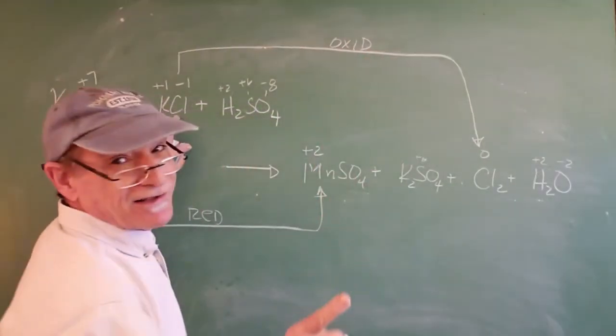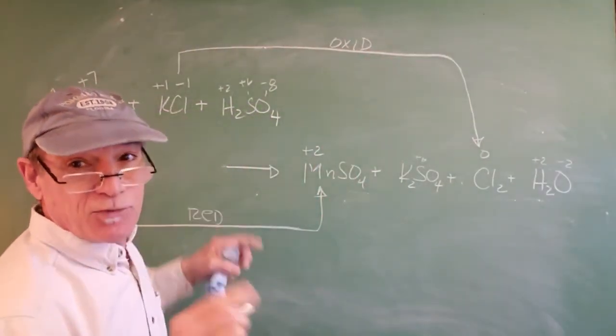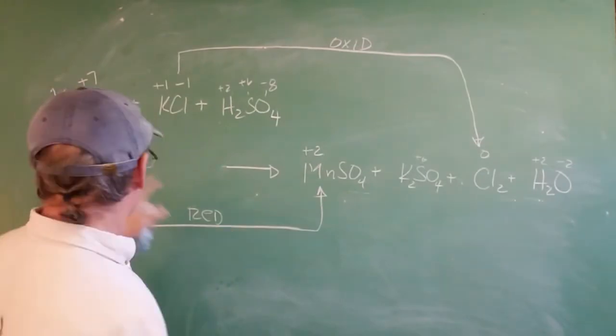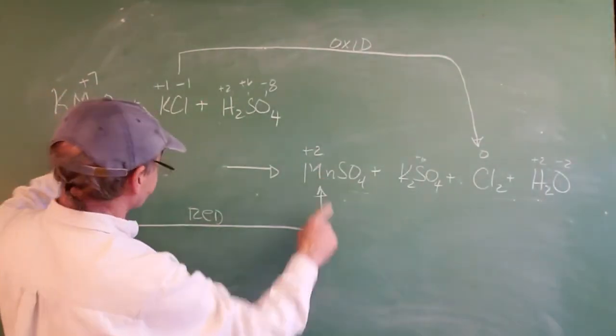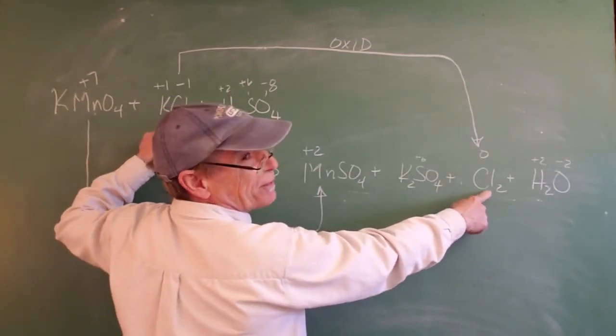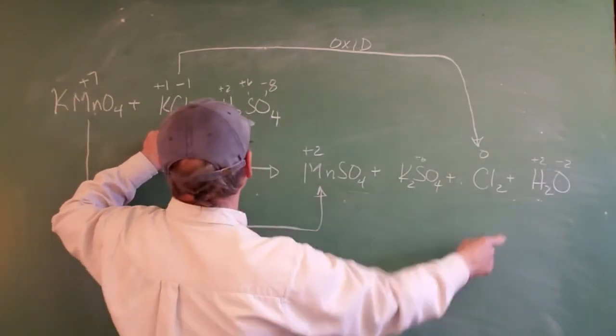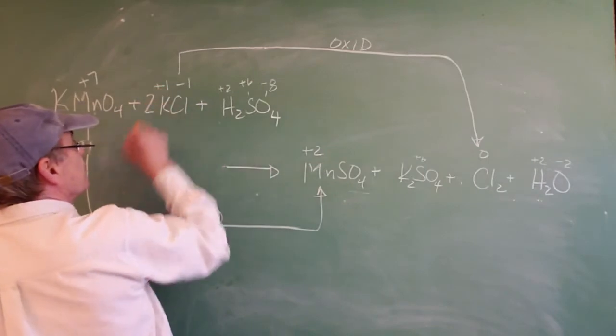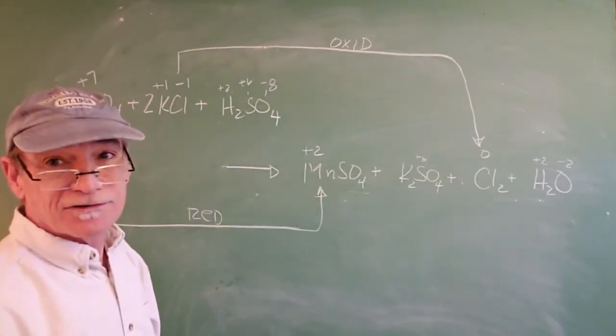I'm going to pre-balance here, again, because I want to start with an even playing field. I've got 1 manganese on each side. But right now, I have 2 chlorines on this side because they have to leave in pairs. It's a diatomic element. So I need to start at least by doubling the KCl that was here.